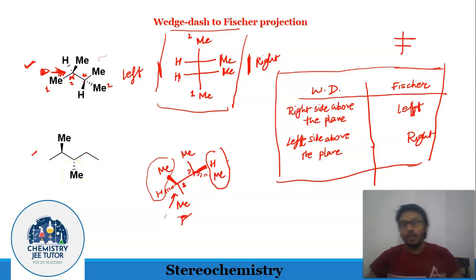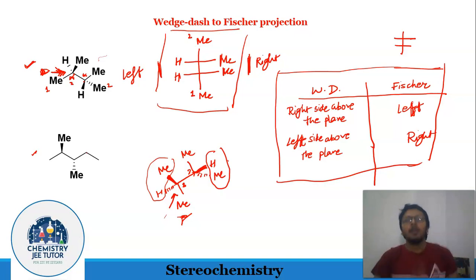They can give you any wedge dash, you can convert it into a Fischer projection simply by following these two rules. You first draw the molecule, put your eye on some side and see through the plane, and then you see which side the substituents are on. If you see the right side, the substituent which is above the plane goes to the left in a Fischer projection. If you see substituents on the left hand side, the substituent which is above the plane goes to the right in a Fischer projection.